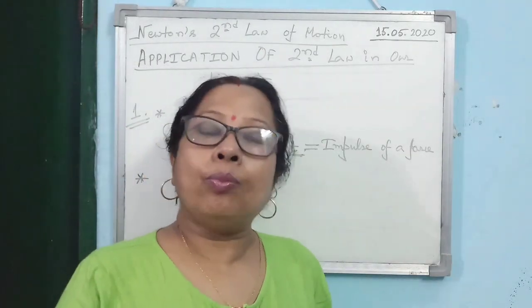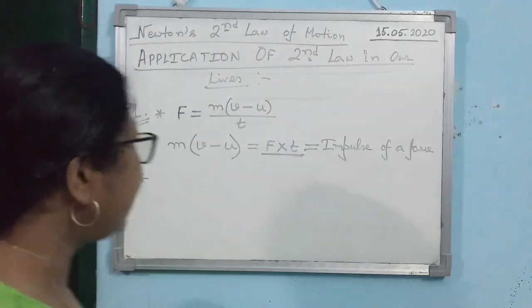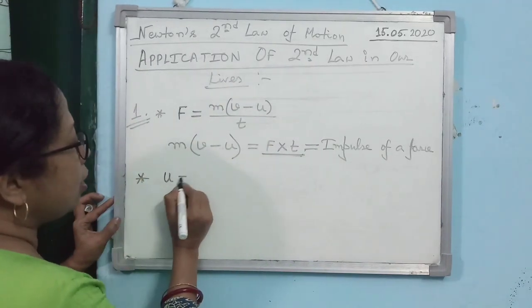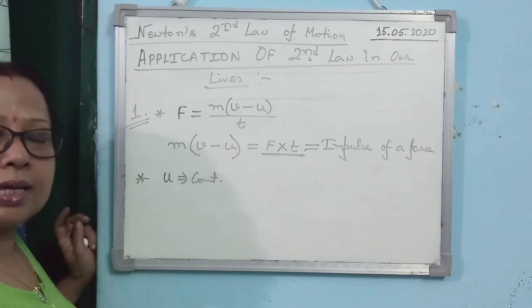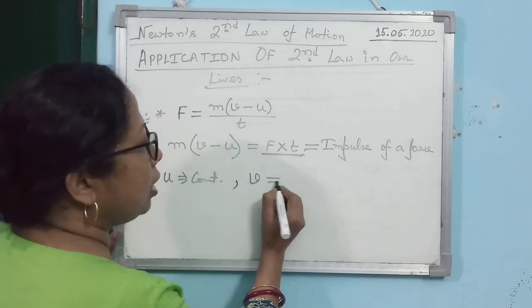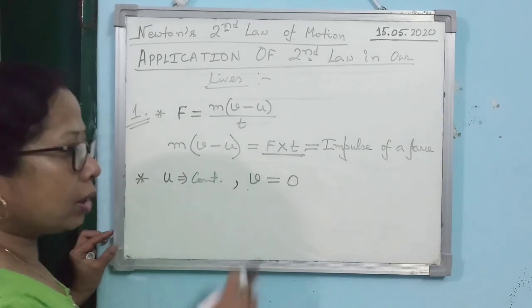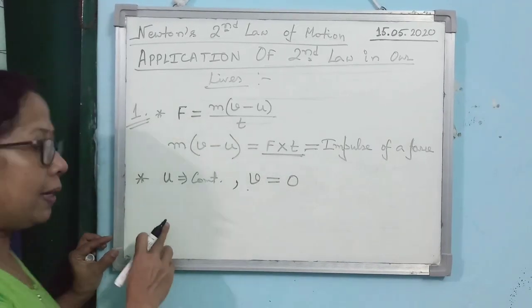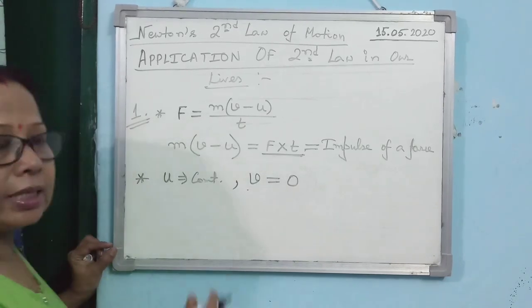When a cricketer is catching, the ball is coming with a constant velocity, meaning initial velocity is constant. Then, after catching the ball, the velocity of the ball becomes 0. So initial velocity is constant, final velocity is 0.